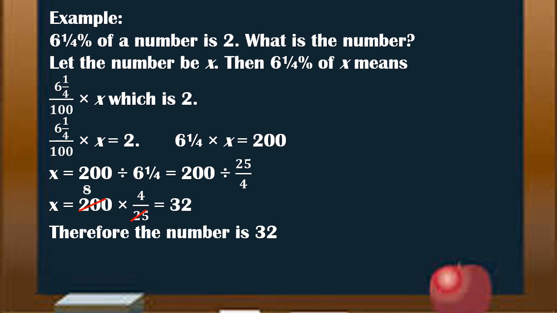And division by a fraction means multiplying with its reciprocal. That is 200 into 4 by 25. On simplification, it is 32. That means 6 1/4% of 32 is 2. Is it clear?